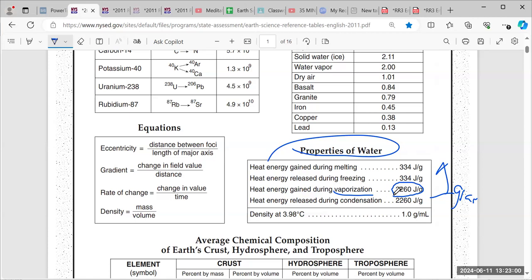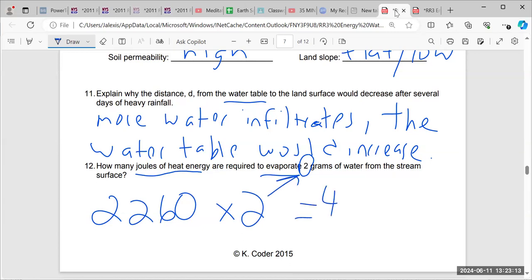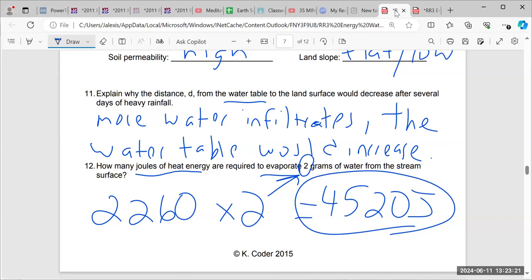I would have to multiply by 2. So therefore, it would be 2,260 times 2, and you would end up getting 4,520 joules. All right.